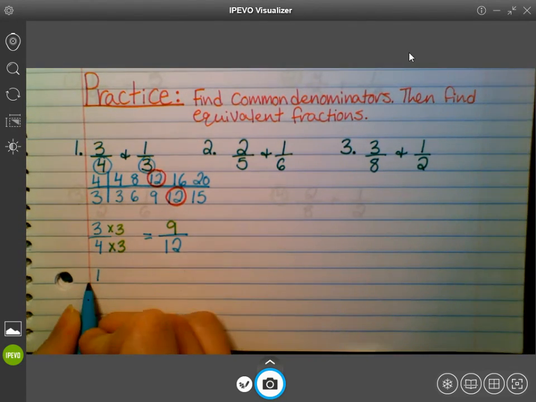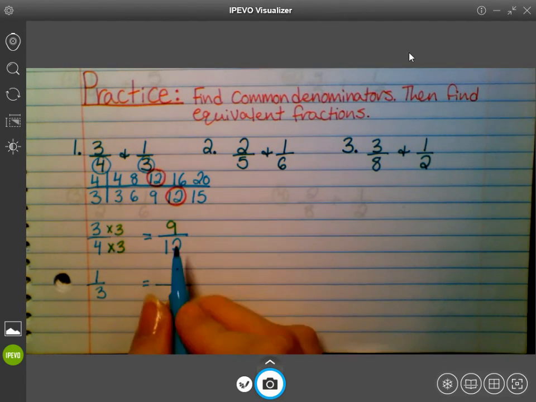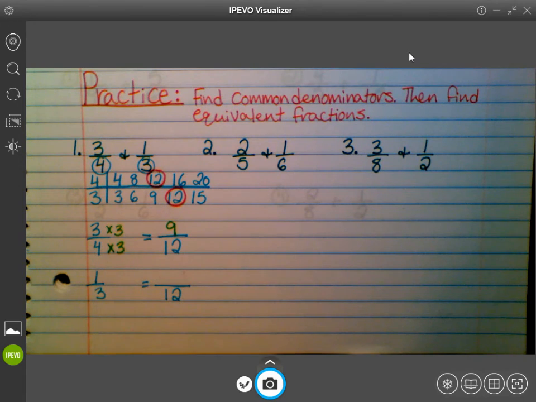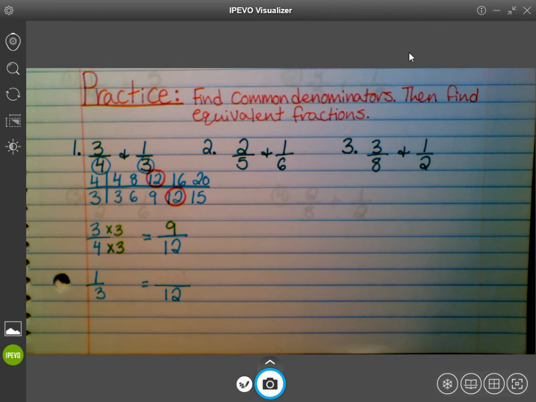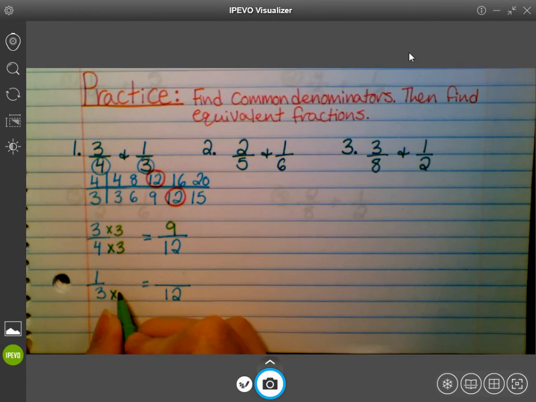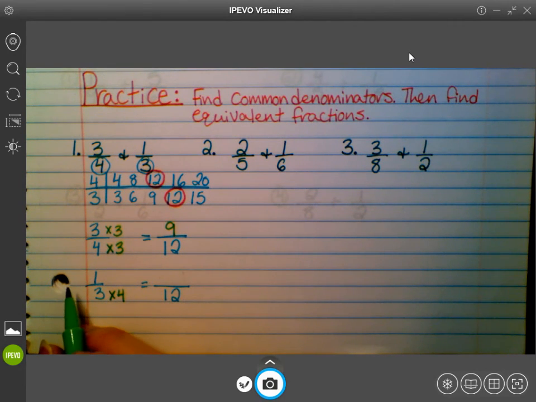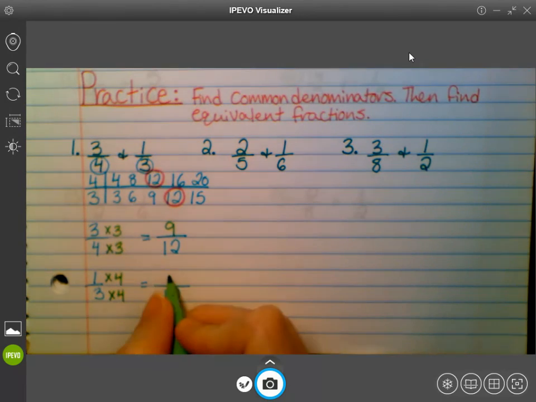So then 1/3, same thing. 1/3, leave a space, equals something over my LCD, which is 12. I'll complete the same process. 3 times what equals 12? Show me on your hand. 3 times 4, exactly. 3 times 4 equals 12, so whatever I do to the denominator, I have to do to the numerator. 1 times 4 is 4.